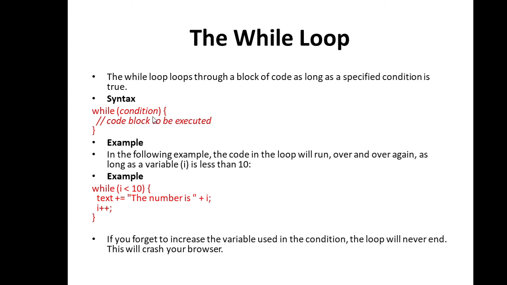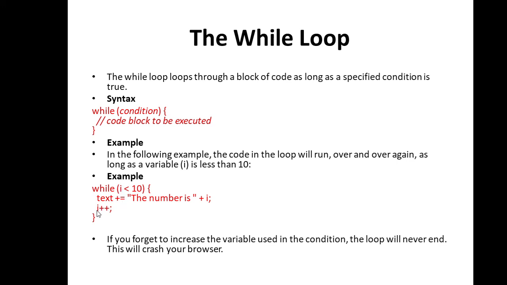So for example, in the following example, the code in the loop will run over and over again as long as the variable i is less than 10. So we have here, while i is less than 10, txt1 plus equals the number is the value of i. Then we have here i++. So let's say, for example, i is initially 0. So that is true.